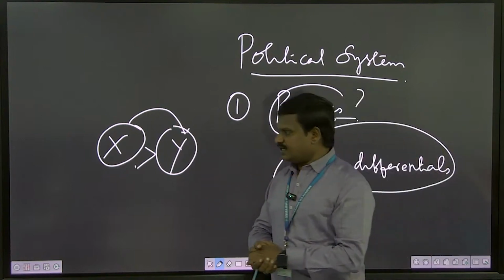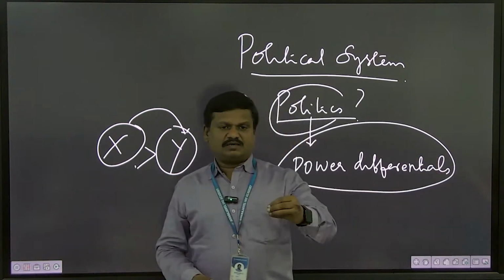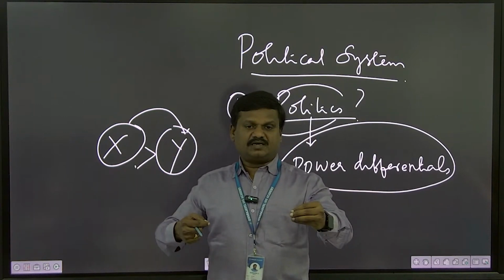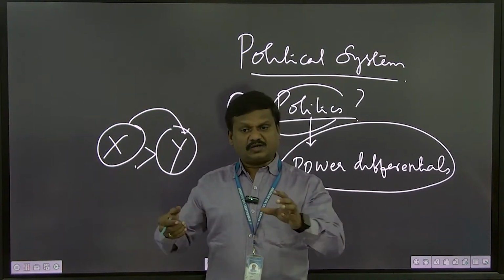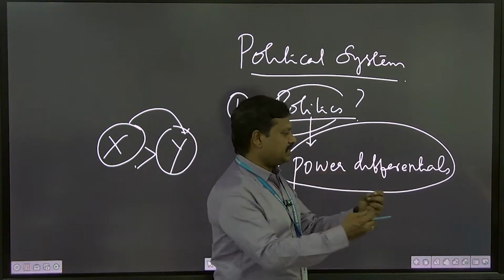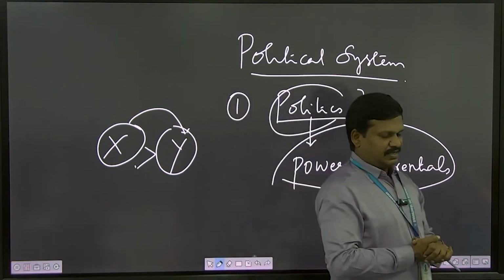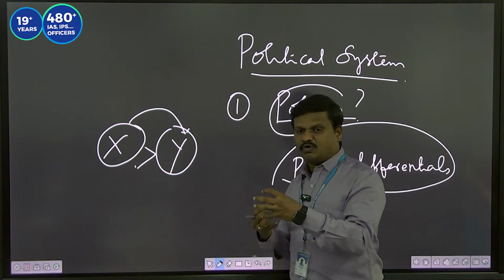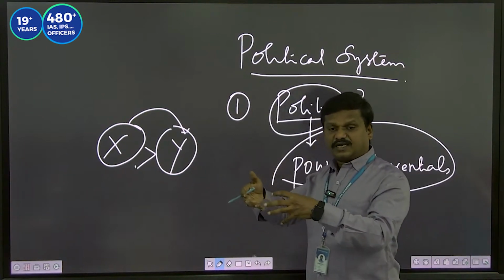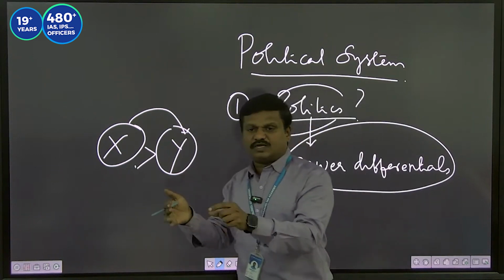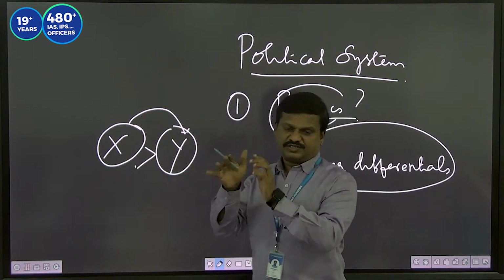Which means that your father is having more power than your mother at home, because father is commanding certain things from mother and mother will have to do that. If that is the situation, then father is having more power than mother, and this happens in the system called family. So in family also there is a power differential.